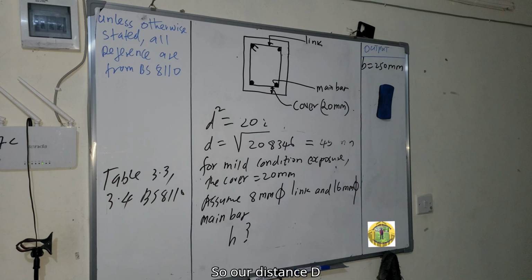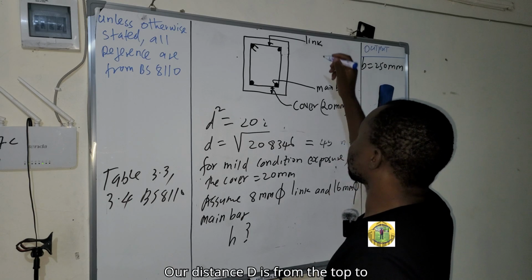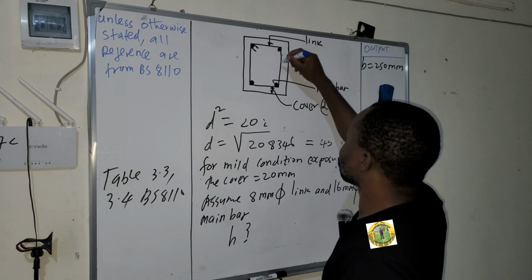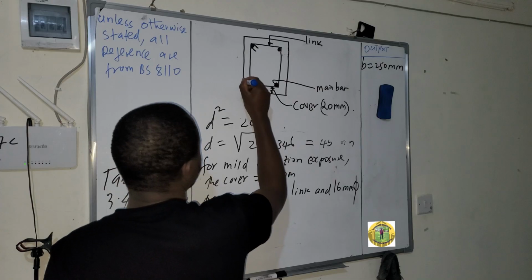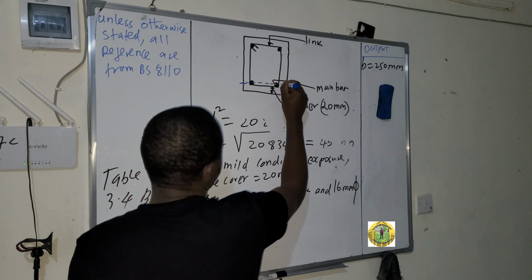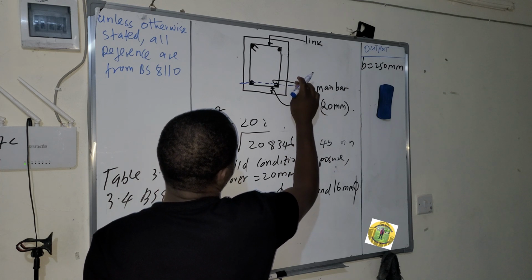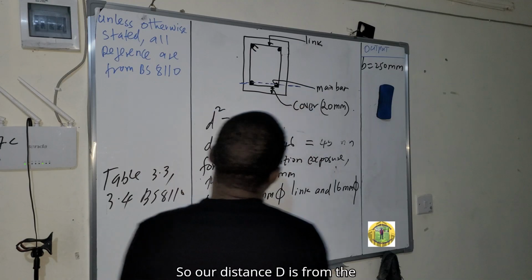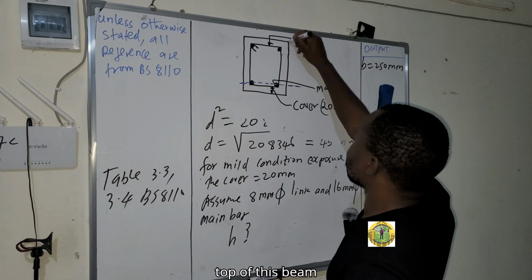So our distance d is from the top of this beam to the center of this bar.